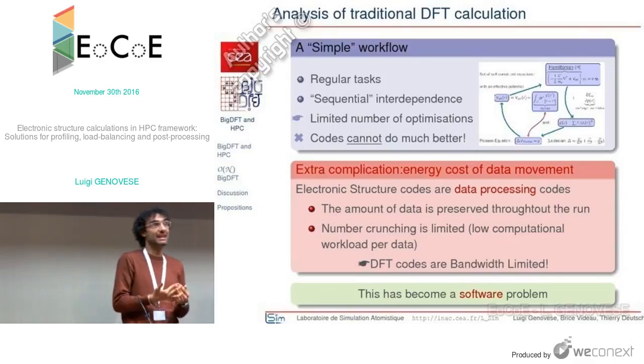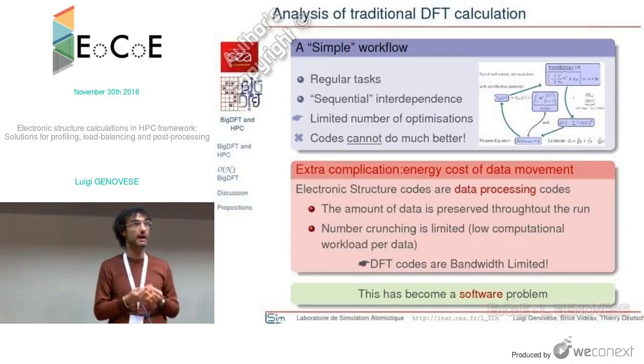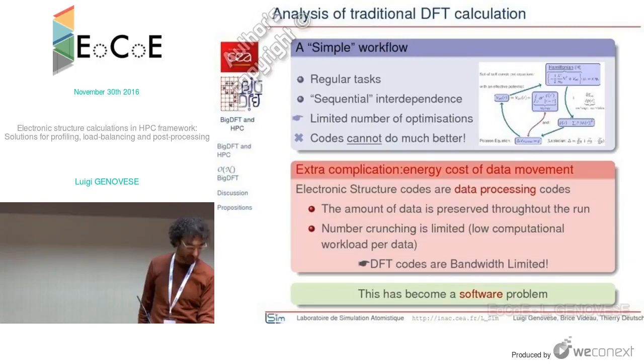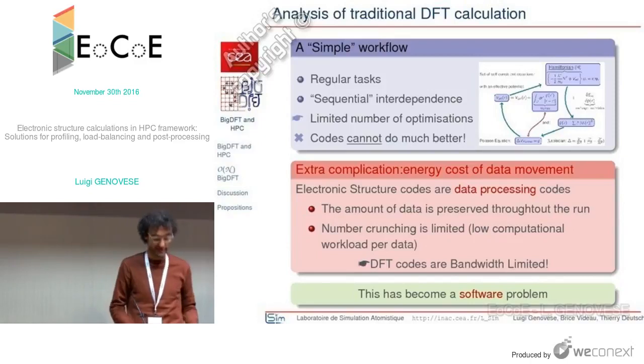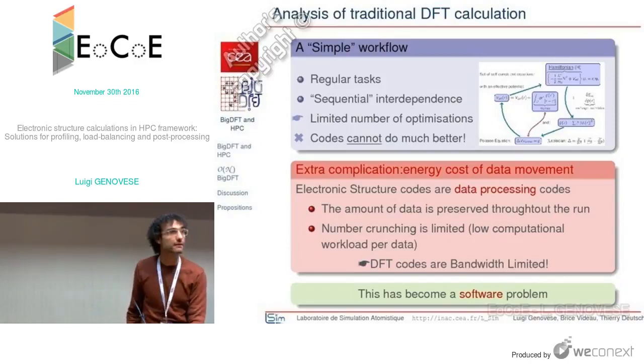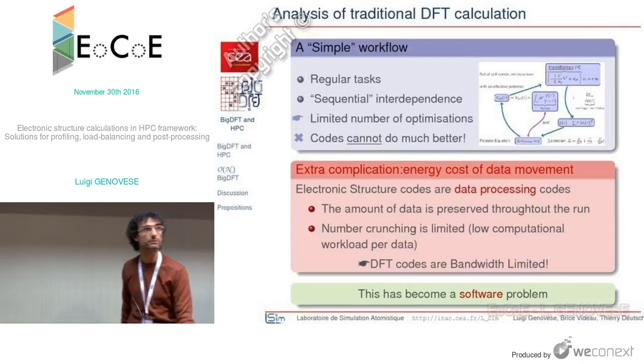So they still have kernels which are bandwidth bound. So they are limited by the bandwidth of your machine. So this is a problem which also has to be considered in the context of analyzing the performance of a DFT code. So let's give some examples to make the discussion clearer, if possible.